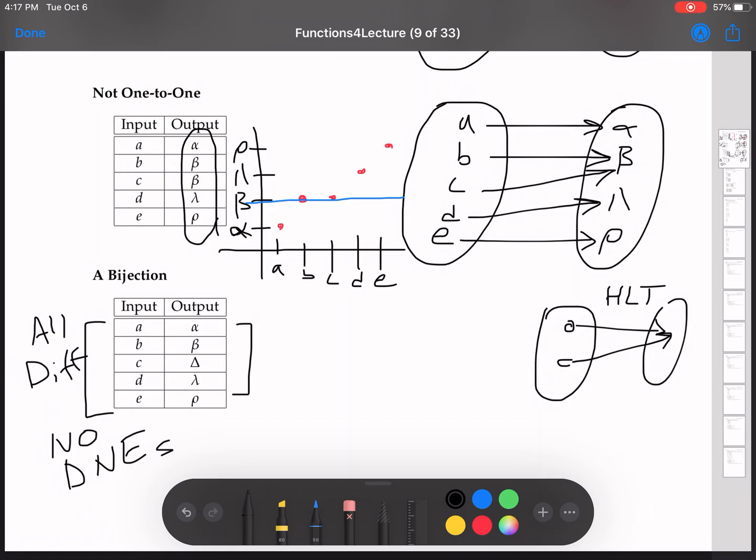All these over here different says it's one-to-one. So this right here was function, this was onto, and this was one-to-one.